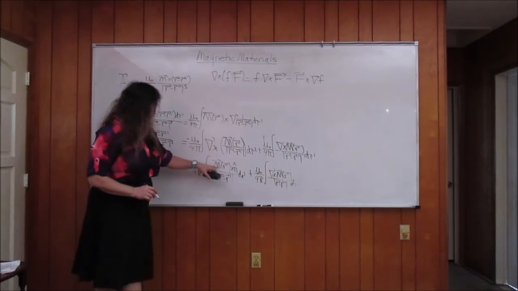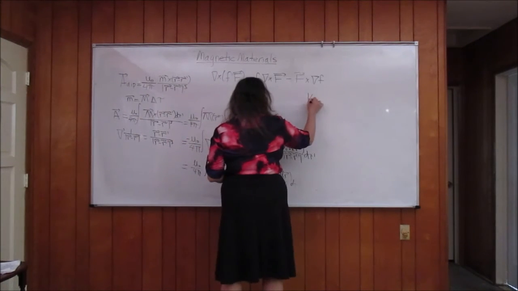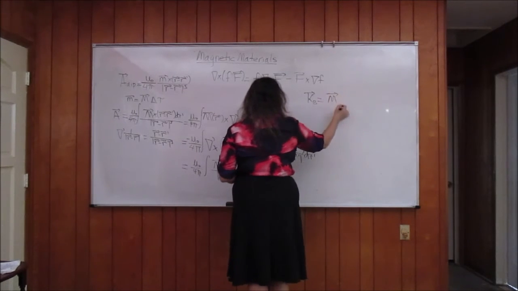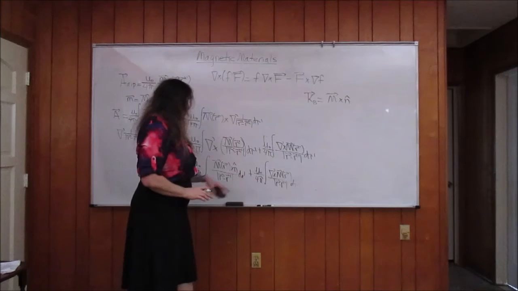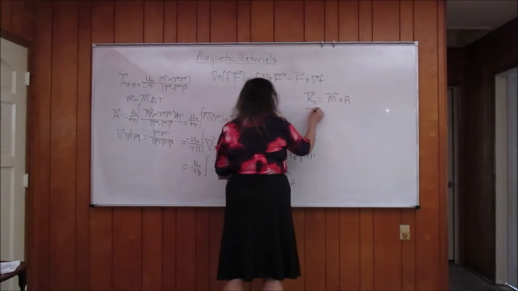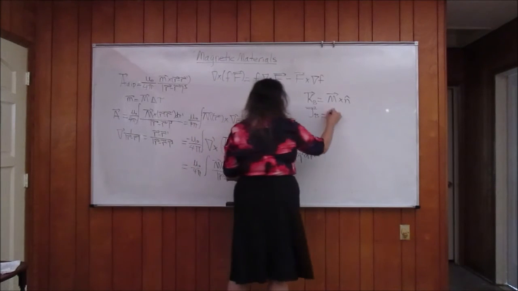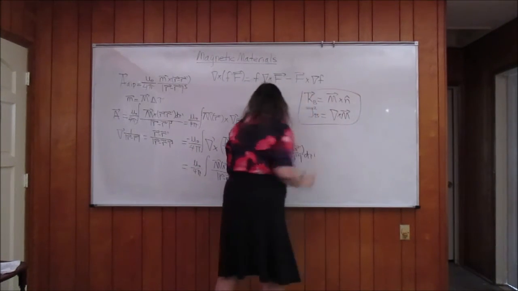And lo and behold, if you look at the numerators here, on the first term, that is just the bound surface current density. And I'll leave off all the primes and arguments here. And in the second term, the numerator in the integrand is the curl of the magnetization vector.